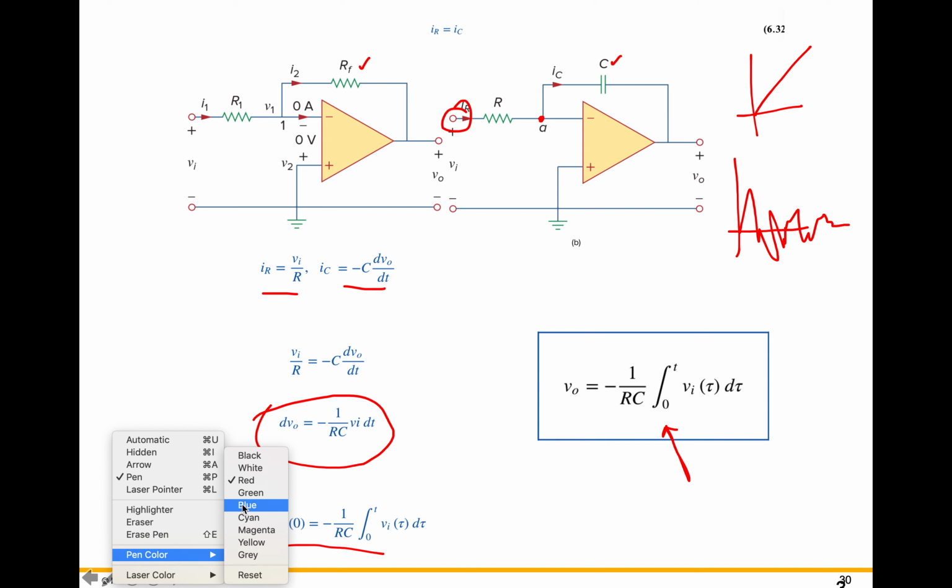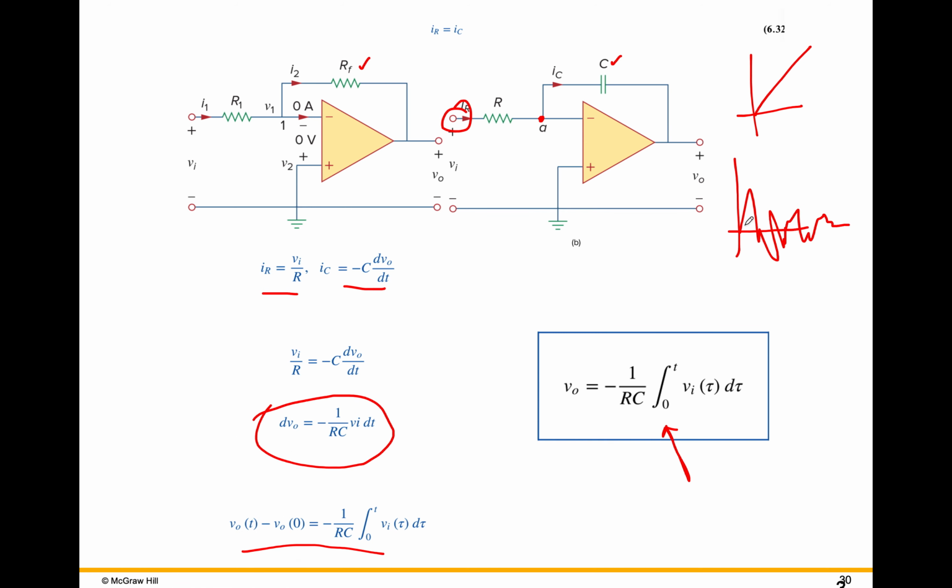When your input looks like this, your output will just be smoother and it'll have a little delay. You won't see these little localized spiky things as much with an integrator. So a lot of times an integrator is used to smooth out or eliminate spiky electrical noise.